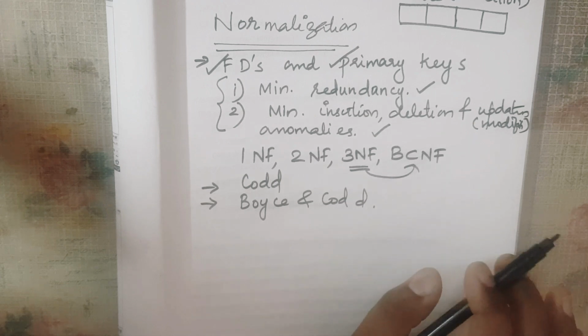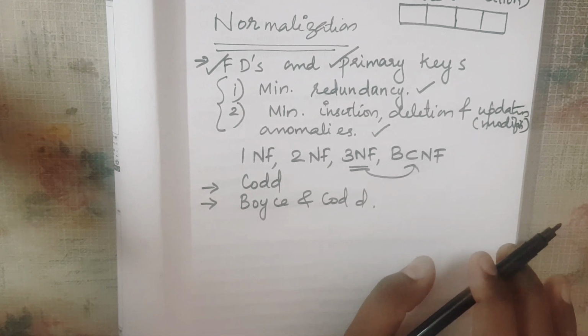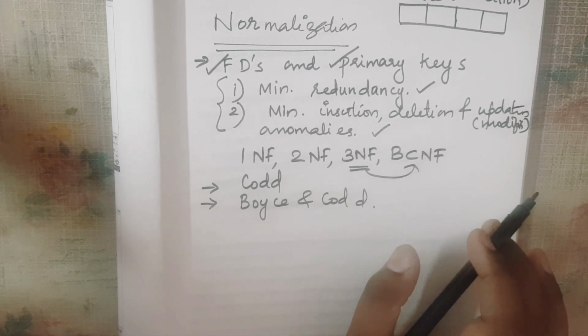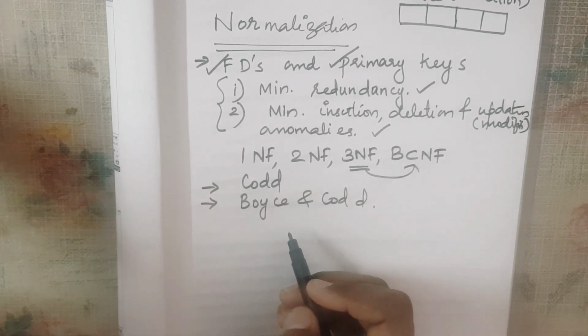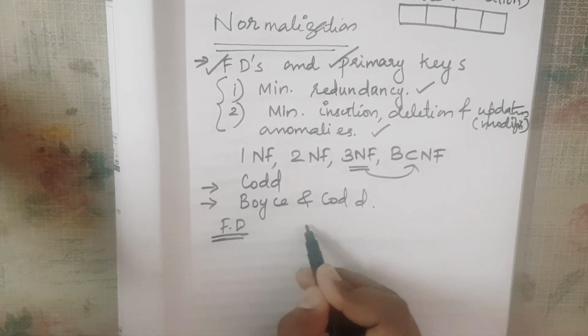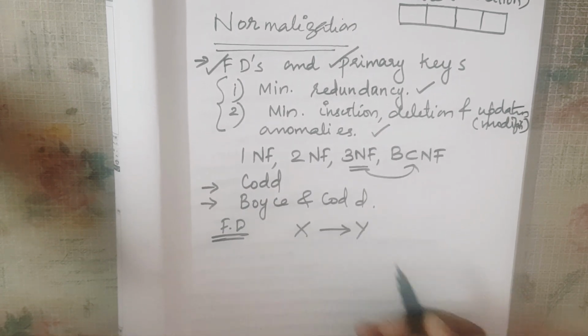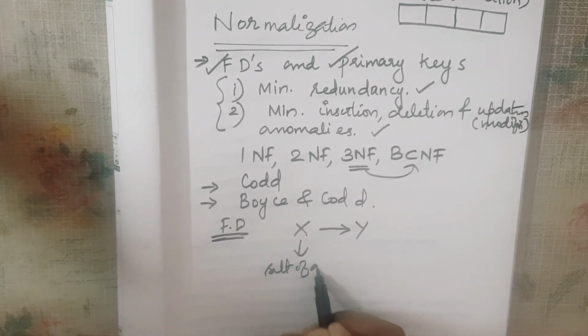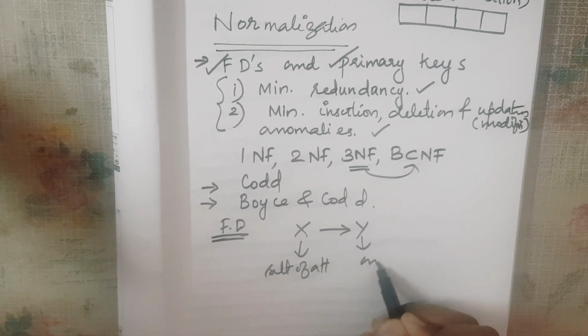All these normal forms are based on functional dependencies among the attributes of a relation. So, reviewing what a functional dependency is: a functional dependency is represented as X to Y, where X is a set of attributes and Y is another set of attributes.